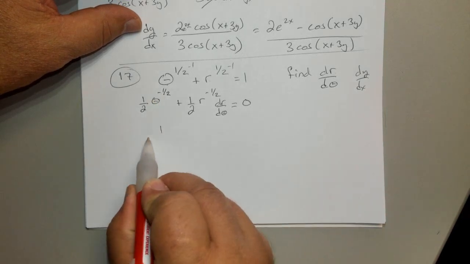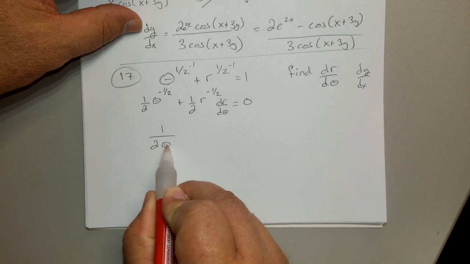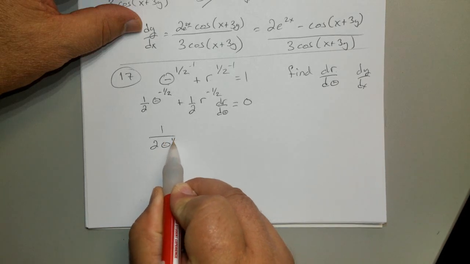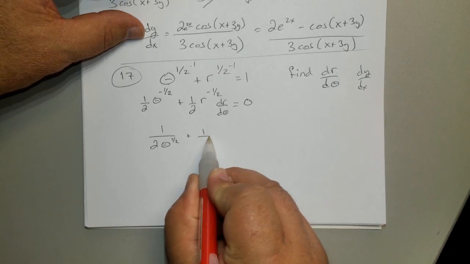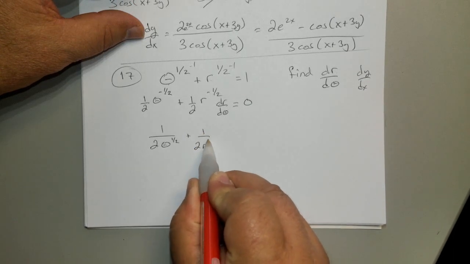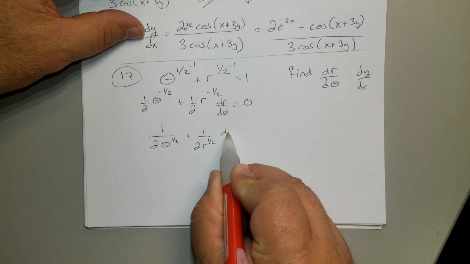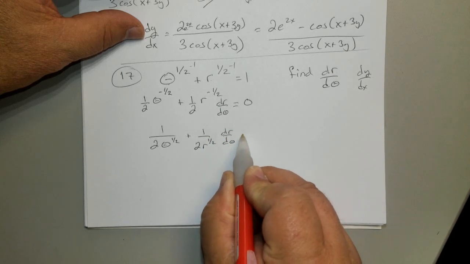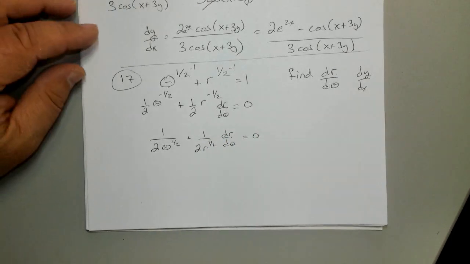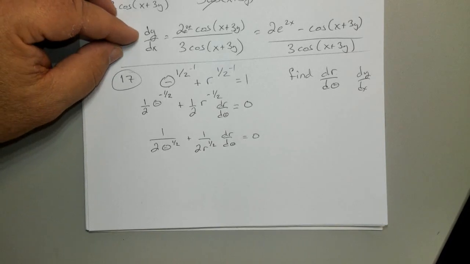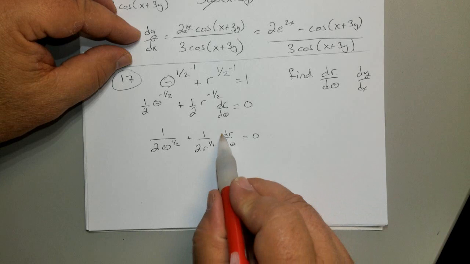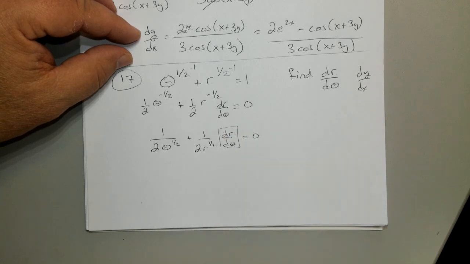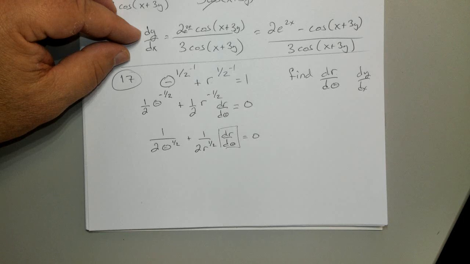This one is written 1 over 2 theta to the power 1/2 plus 1 over 2 r to the power 1/2 dr d theta equals 0. Solve for dr d theta. Where do we move first? And how?